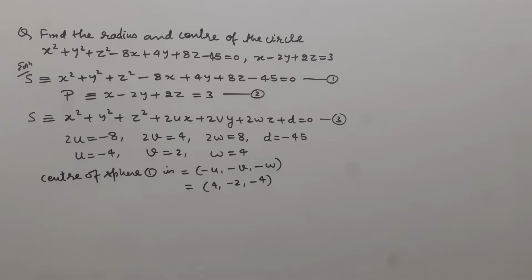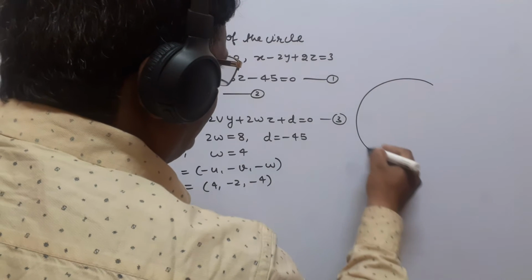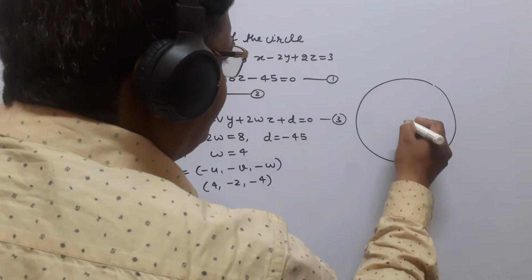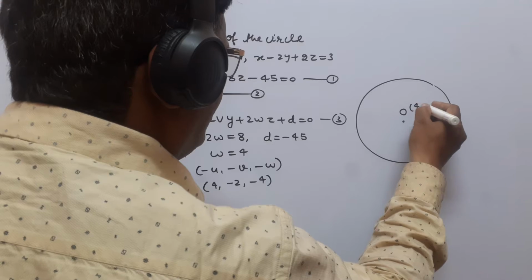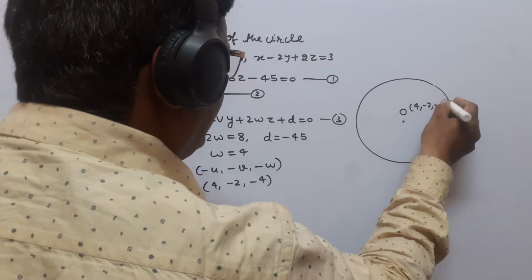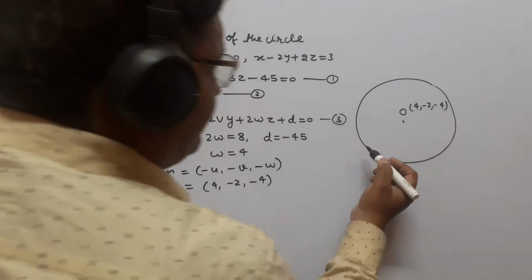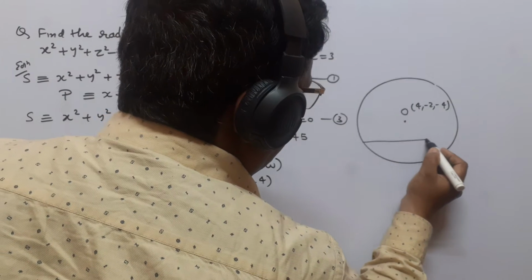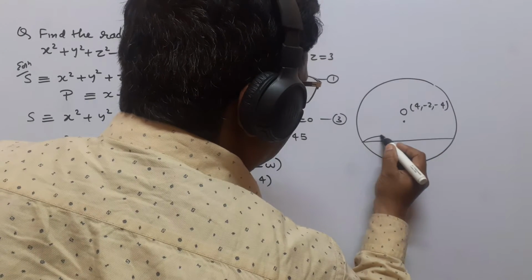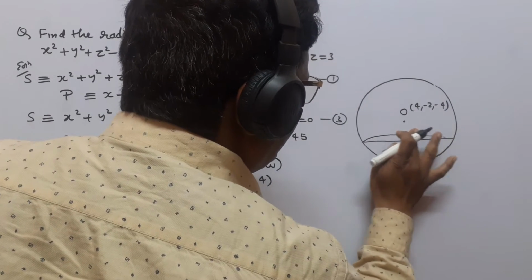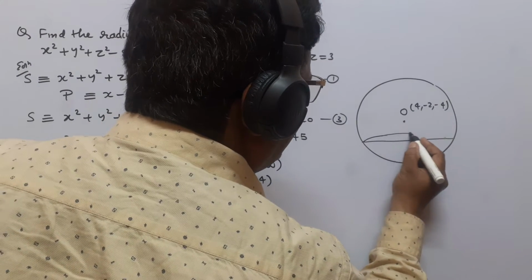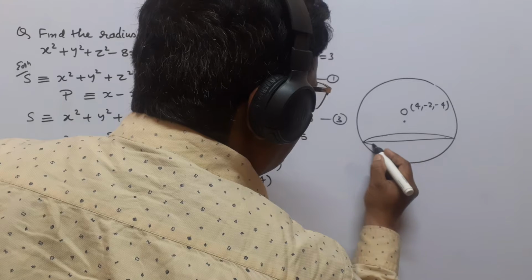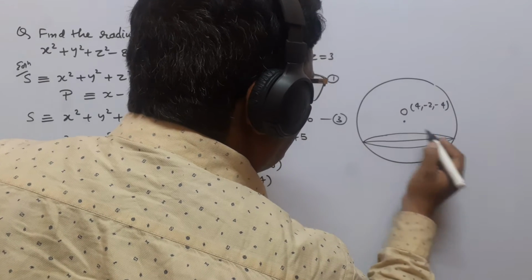So here first we draw the given sphere 1. Suppose this is the given sphere 1 and here O is the center, that is 4, minus 2, minus 4. Suppose that here this is the section of the sphere by the plane, and we know that section of the sphere by the plane is the circle.